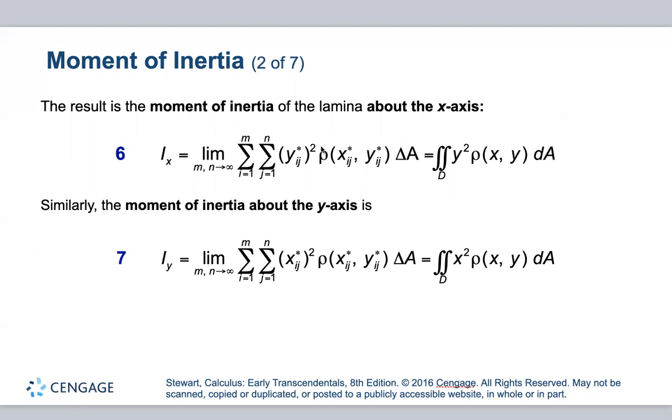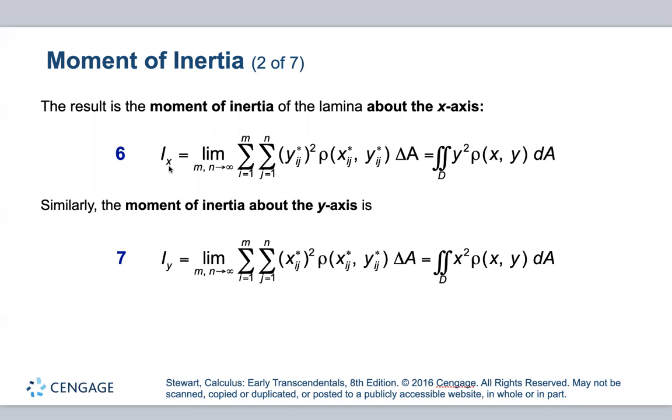And here's your approximation to m. It's rho times delta A. So this summand right here is the approximation to the moment of inertia from the point xi, from the ijth rectangle. We do that over all the rectangles to get an approximation. Then we put in more and more rectangles. And then you notice this is a Riemann sum.